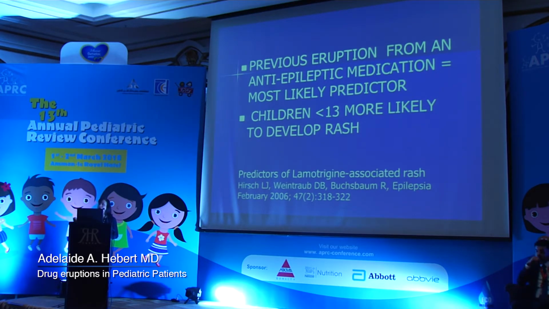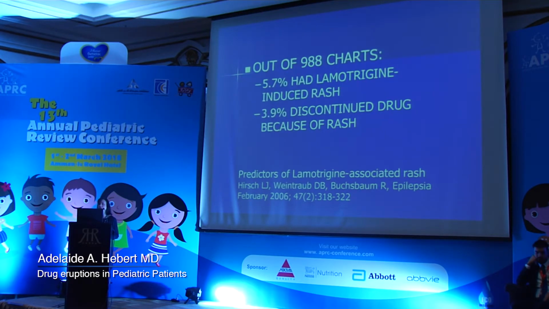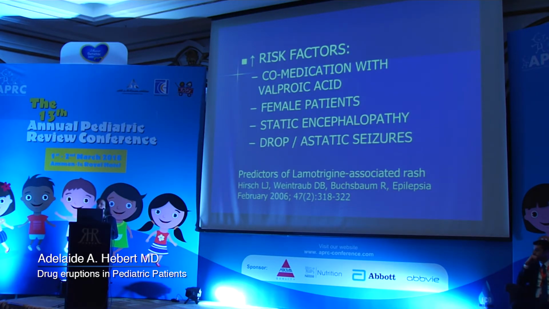Children less than 13 are unfortunately even more likely to develop a rash, particularly a serious rash. In a chart review of over 988 patients, about 5.7% of all patients treated with lamotrigine developed a rash, and 3.9% actually had to discontinue the drug because of that rash.